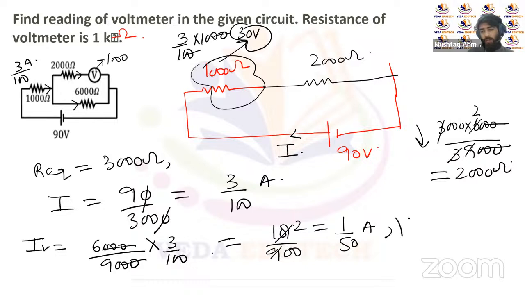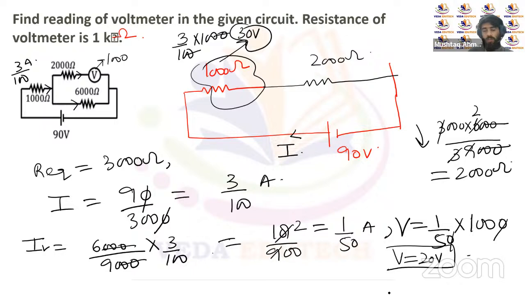The measurement of this voltmeter will be 1 upon 50 multiplied by the resistance of the voltmeter, that's 1000, so it is going to measure 20 volts. So 20 volts will be the measurement done by this voltmeter.